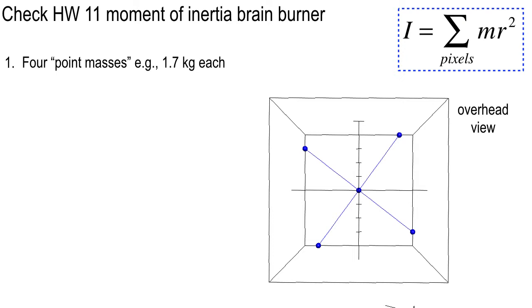Now, the variable that changed on every attempt was the mass. But the positions were all the same.